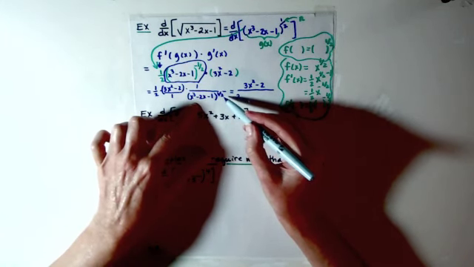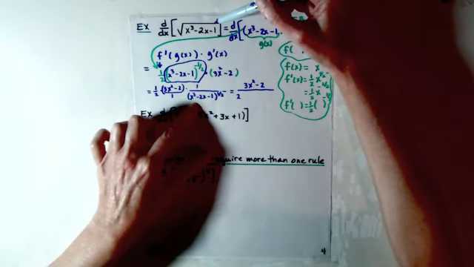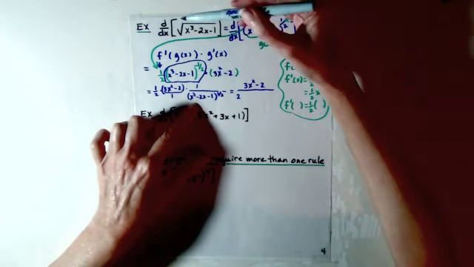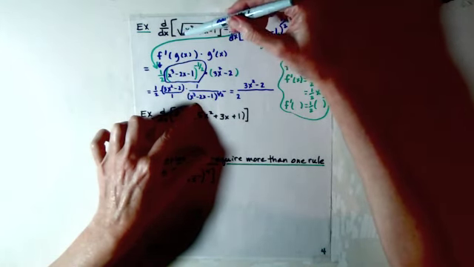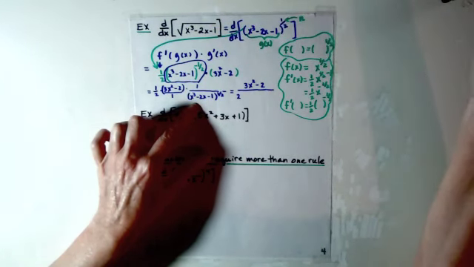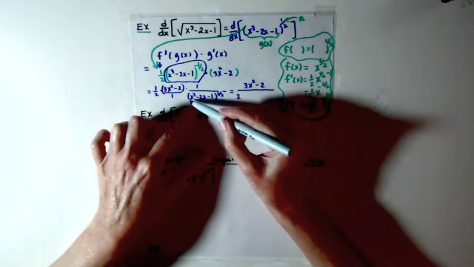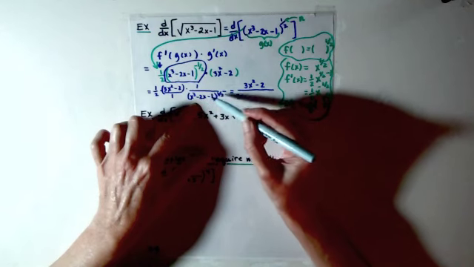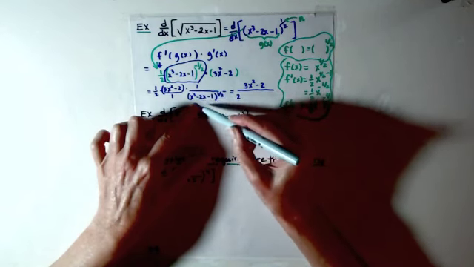You could leave it with that fractional exponent there, but I noticed that my original problem was written with a root rather than a fractional exponent. The tradition is that if the original problem is written using a root symbol rather than a fractional exponent, we write our answer with a root symbol instead of a fractional exponent. So all of this stuff raised to the 1/2, remember, would be the same thing as the square root of this stuff.